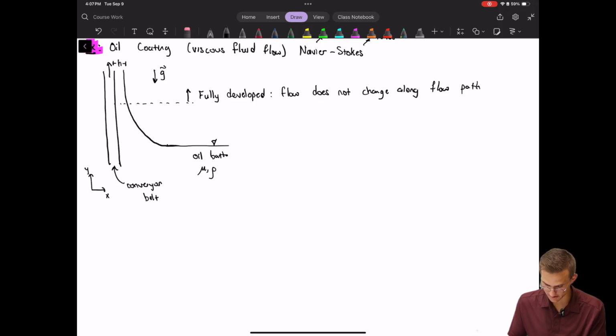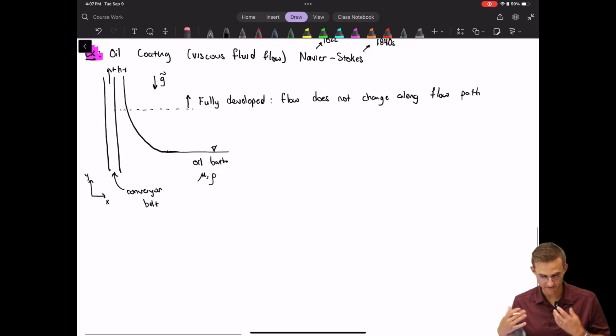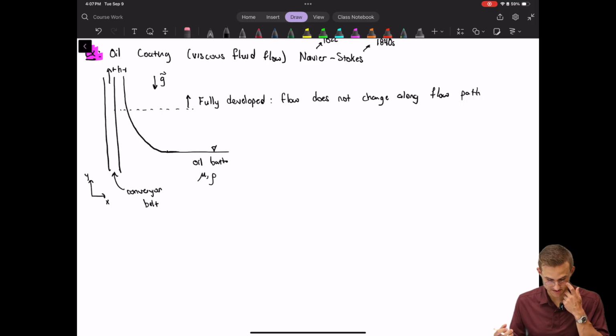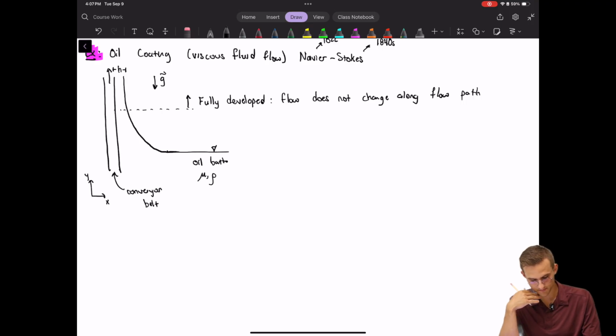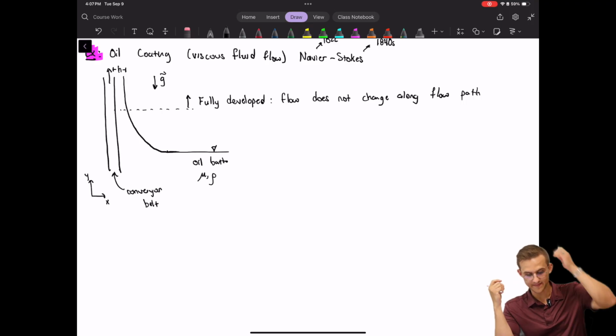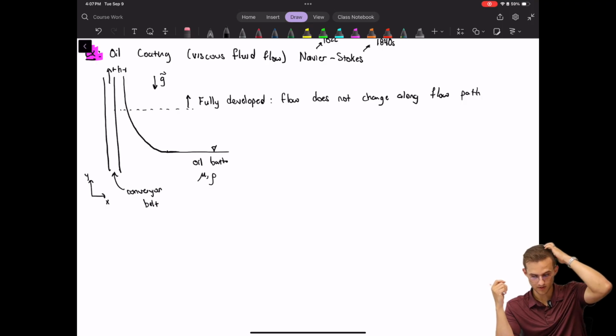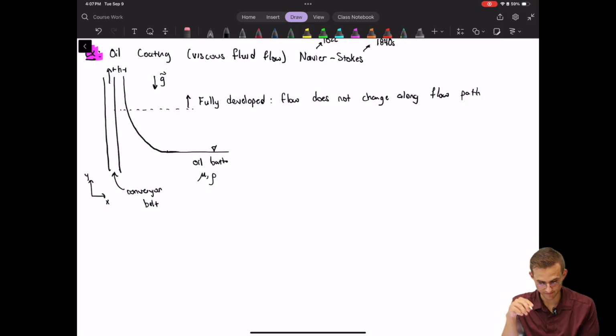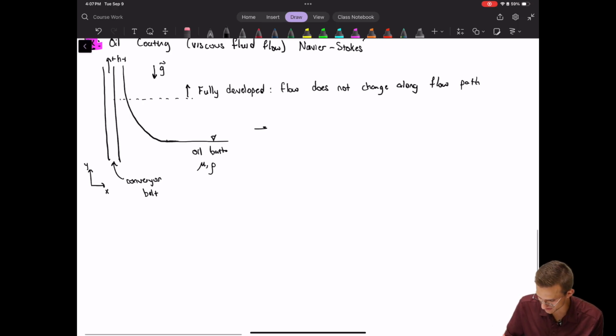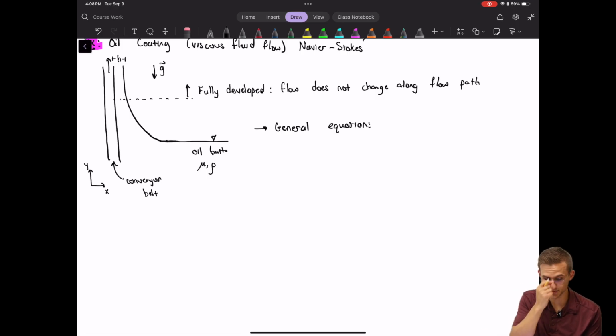Okay, and so now with this setup, we want to solve for the velocity profile of the flow in that fully developed region. The general equation for the vertical velocity of the flow is the following, using just Navier-Stokes. I'm going to put down some vector operators here, which might confuse you, but we can go through them.